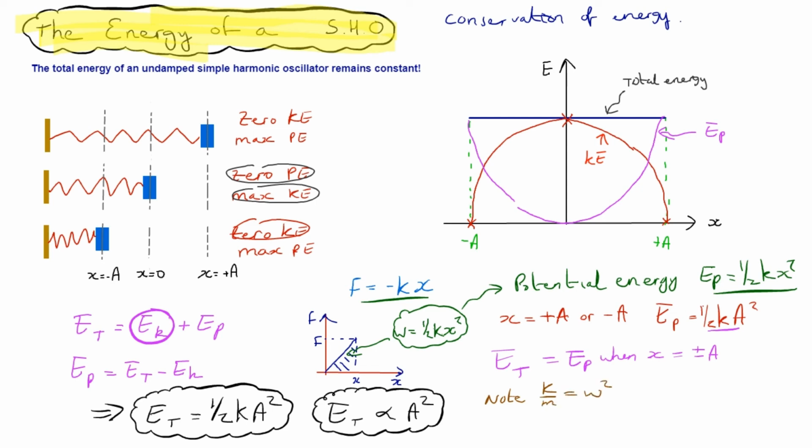So we can rewrite that as the total energy alternatively being a half m omega squared A squared. Yes, because k would be m omega squared if we rearrange that. Hopefully that makes sense. You might want to think that through for a moment.